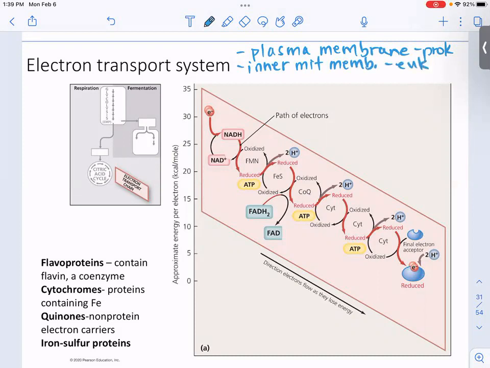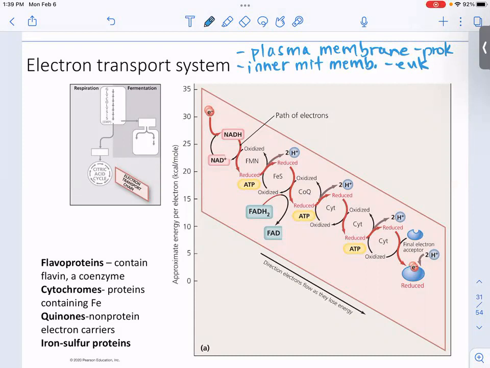Remember that mitochondria have a plasma membrane, and then this other membrane inside. It's really important that that membrane is intact, and I'll show you why pretty soon.